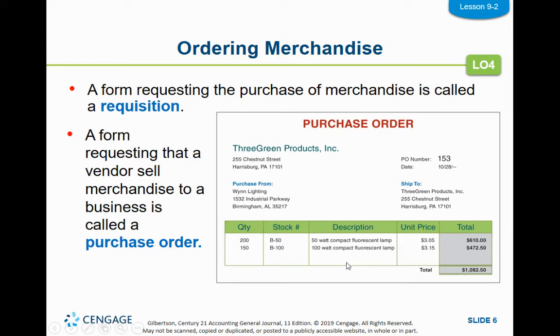In this example, 3 Green bought 200 50-watt compact fluorescent lamps. Those are light bulbs. Then they bought 150 of the 100-watt ones. These were the prices for the total, and so this is what they now owe: $1,082.50.